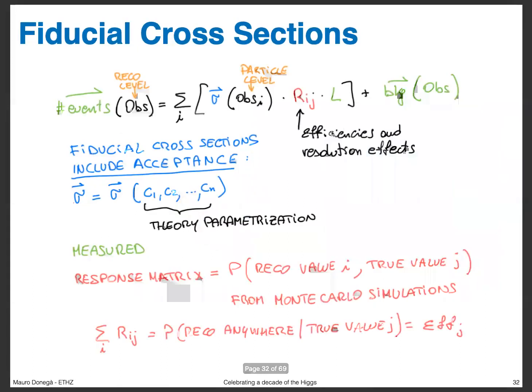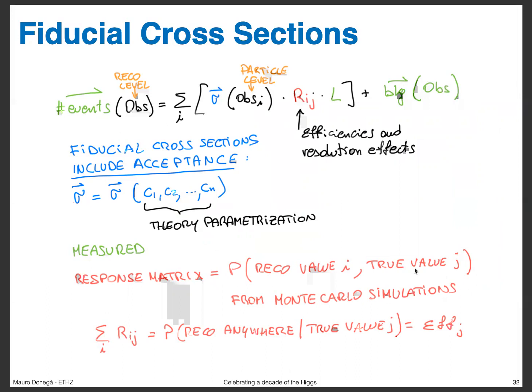These response matrices depend strongly on the resolution of your measurements. If you have a variable like the pT of a diphoton that is measured with high accuracy, the probability that you generate a photon in a given bin and you reconstruct it in the same bin at RECO level is very high.